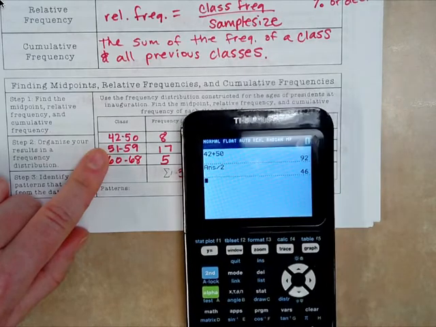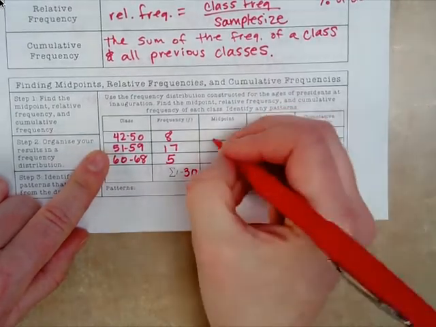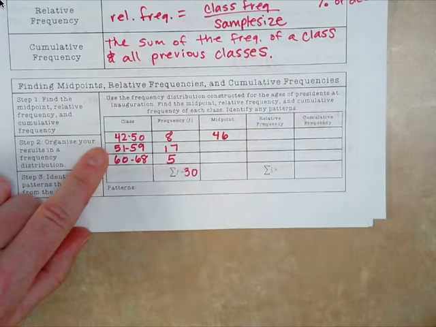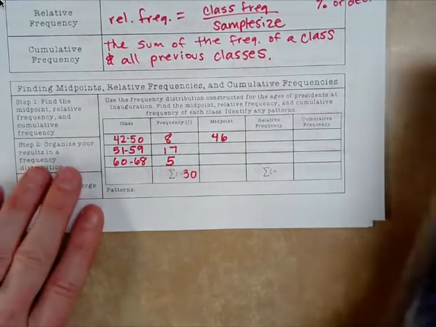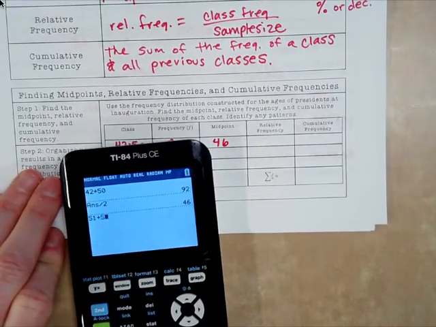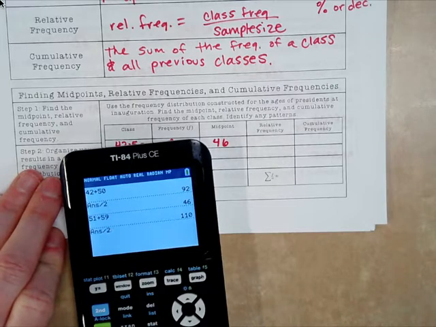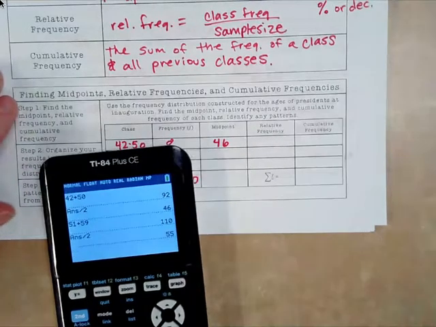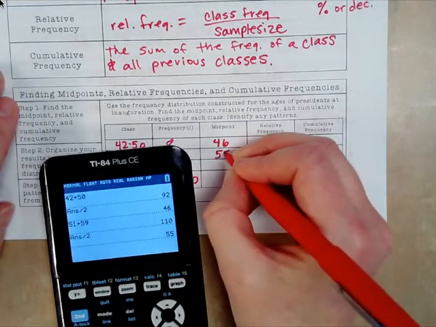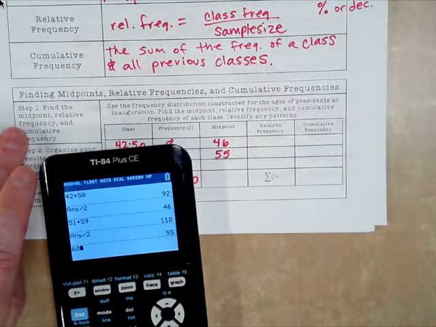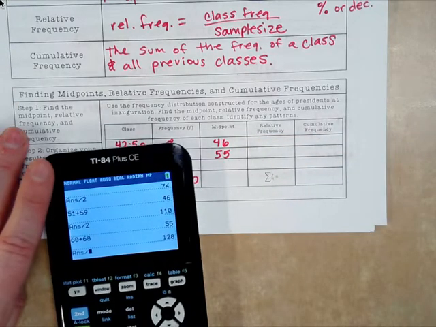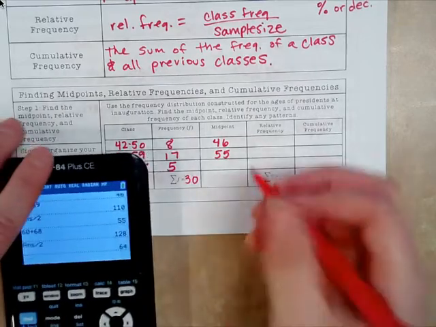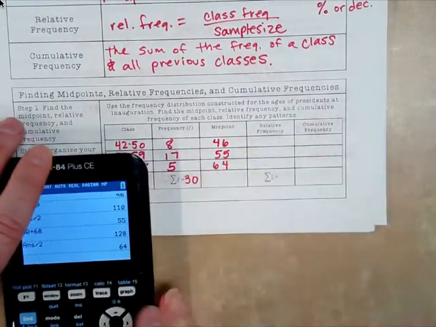So that would come out to 46 on your midpoint on that first one. And then we have 51 plus 59 divided by 2. Come out to 55. And then 60 plus 68 divided by 2, 64. So those are our midpoints.